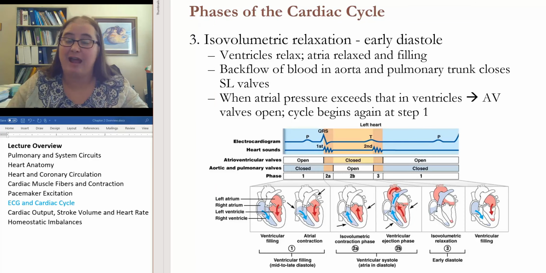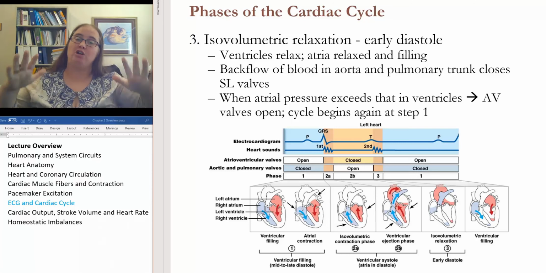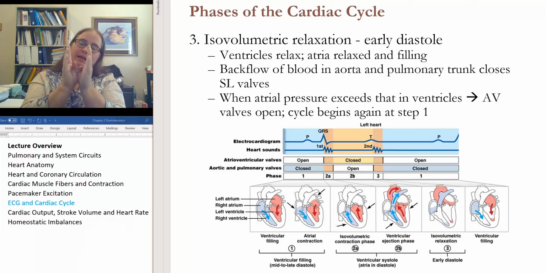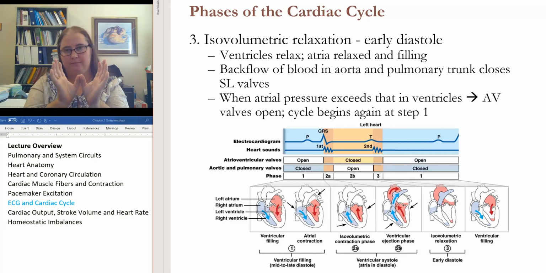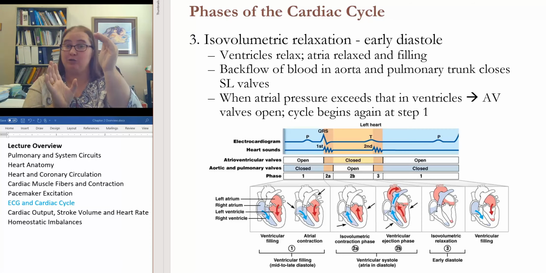This is called isovolumetric relaxation. The heart just contracted, squeezed all the blood out, and now it gets to relax. That means the semilunar valves close. We don't want that blood coming down from the vessels that just went up there.